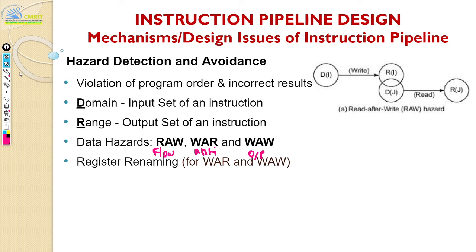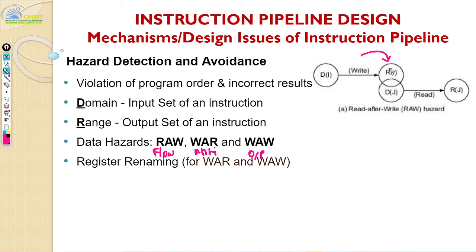So this is your read after write, right? So you have your domain and range. If it is a RAW hazard, then it means that the domain, your input, of the read instruction is going to be followed by a write instruction, and this order has to be preserved. Your previous instruction is going to write to one register.